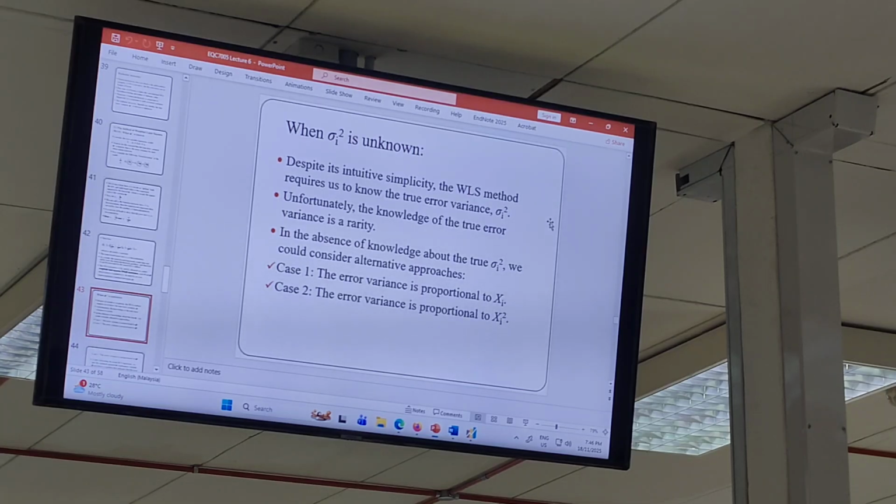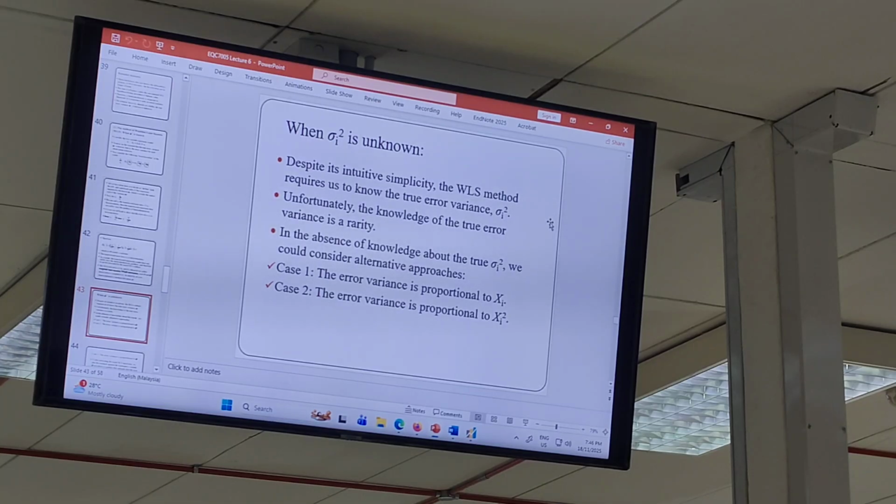There are two possible cases. The first case is when the error variance is proportional to one of the x variables. For example, let's say your dependent variable is consumption and you have many explanatory variables, and one of them is income.